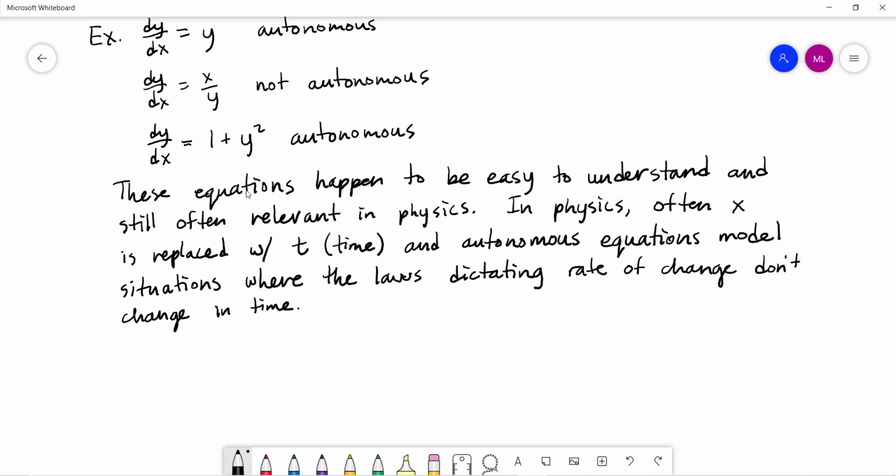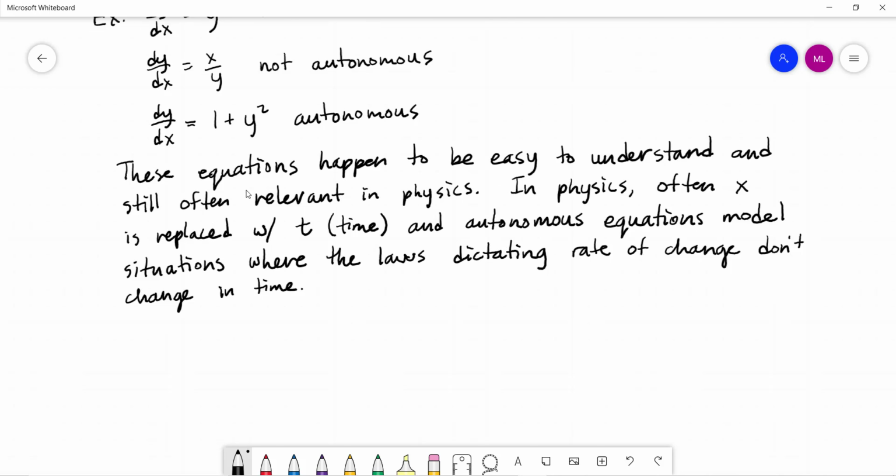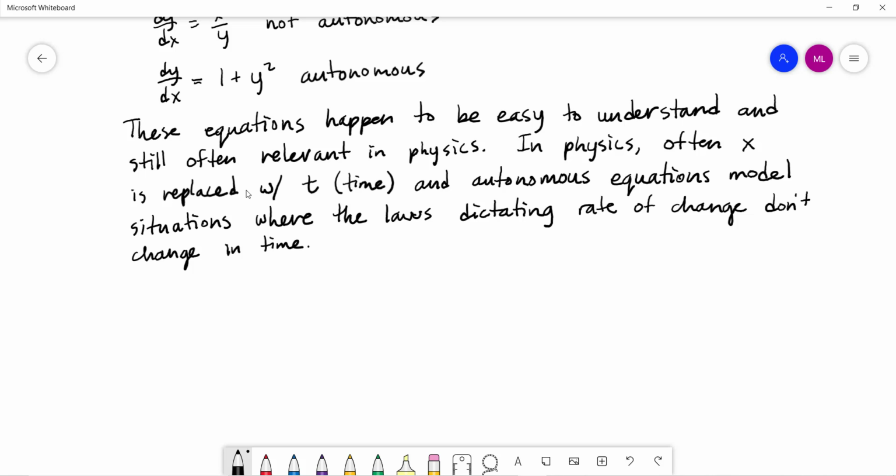Rate of change of the population growth, rate of change of temperature of our plate of cookies, rate of change of chemical concentration. And in many cases, those laws that govern the rates of change are independent of time. These are things like population growth, like the temperature, Newton's law of cooling problems.